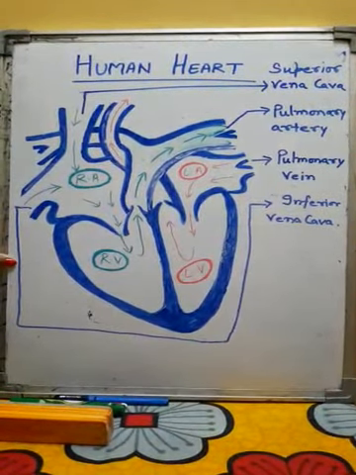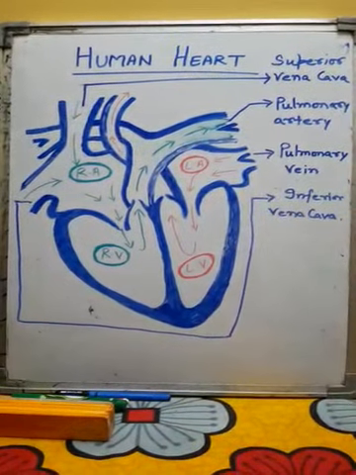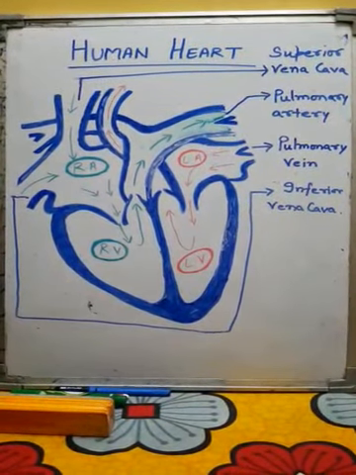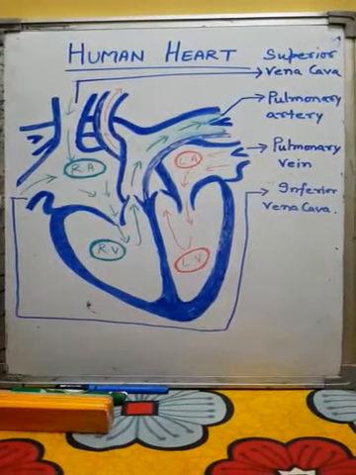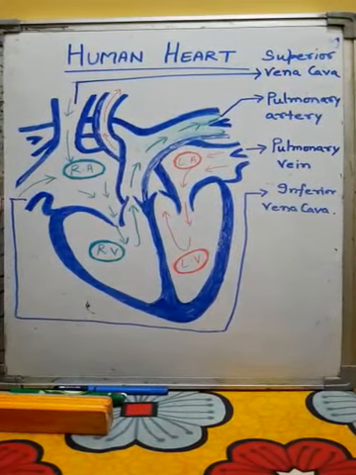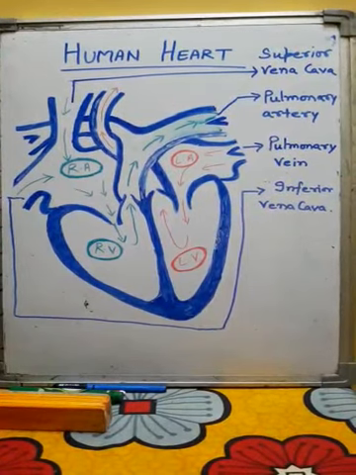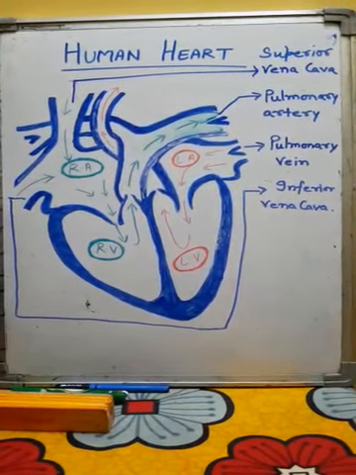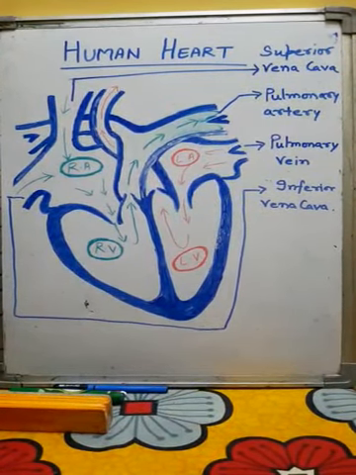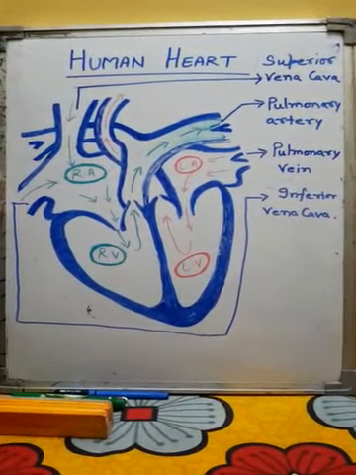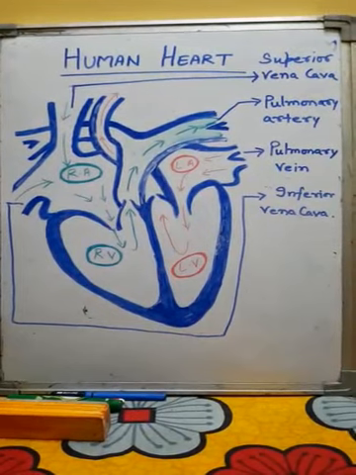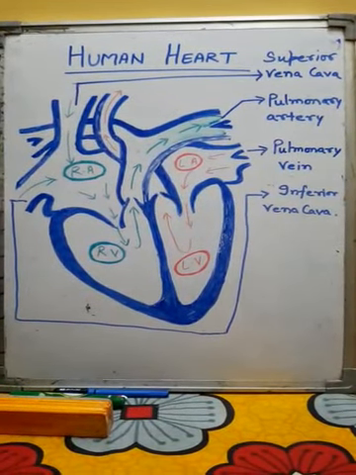The normal blood pressure of a human being is measured as 120 by 80 mm Hg. If it is increased, it is called high blood pressure or hypertension. If it is lower than the normal range, it is called low blood pressure or hypotension.